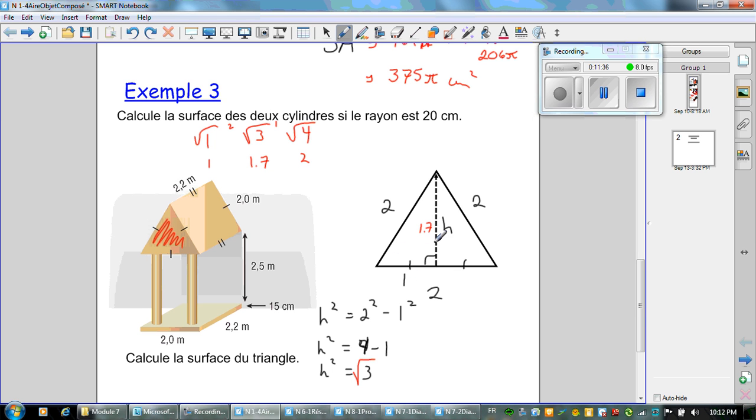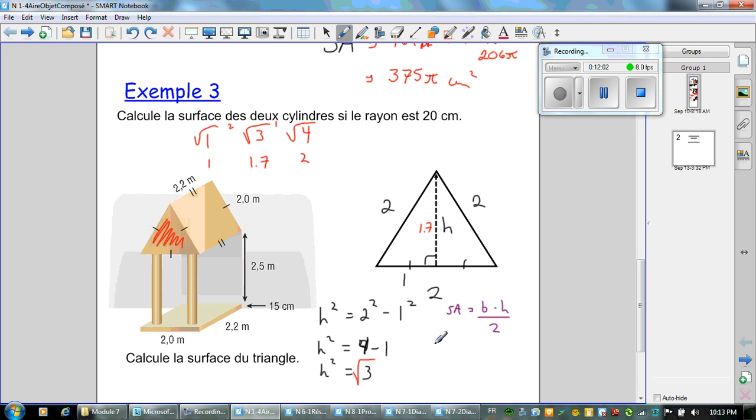So now we have all we need to find the surface area of the triangle. So remember the formula of a triangle. The surface area of the triangle is base times height divided by 2. So that's the base of the full triangle. So now we're back at the full triangle, which is 2.